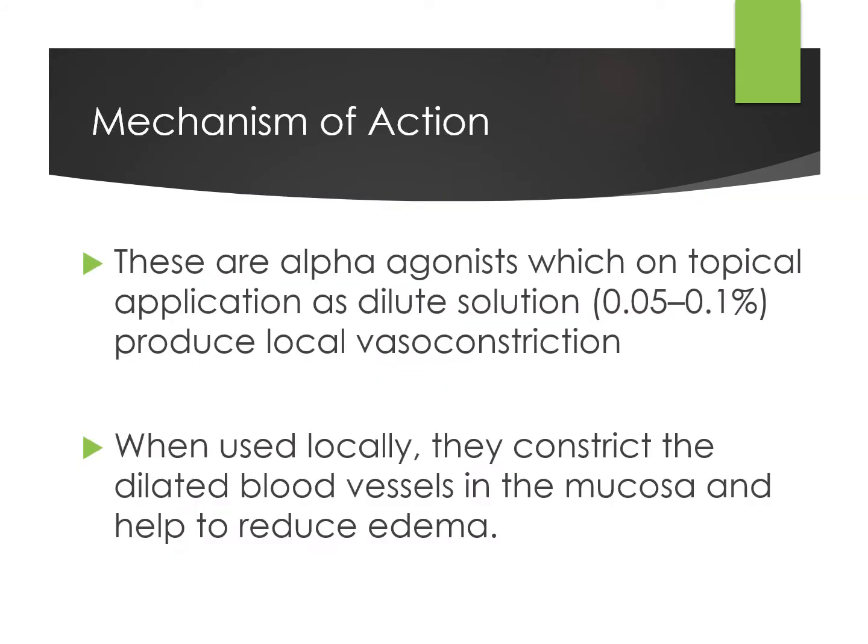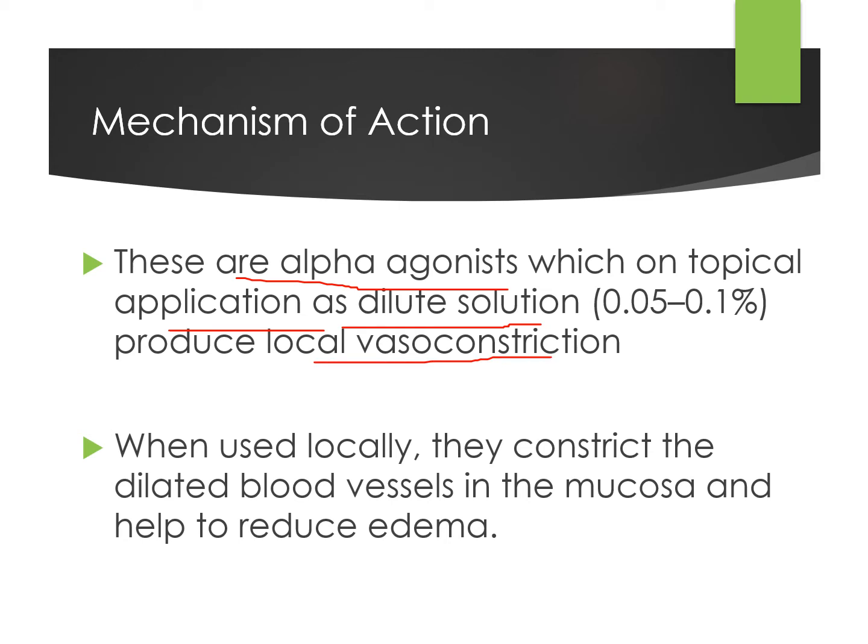Next, mechanism of action of nasal decongestants. As I told you earlier, they simply decrease the swelling of swollen turbinates. So how do they decrease it? They act as alpha agonists, which on topical application in dilute solution produce vasoconstriction.